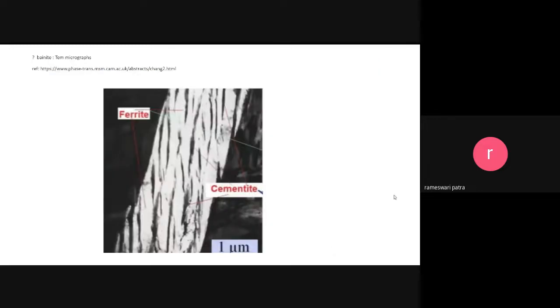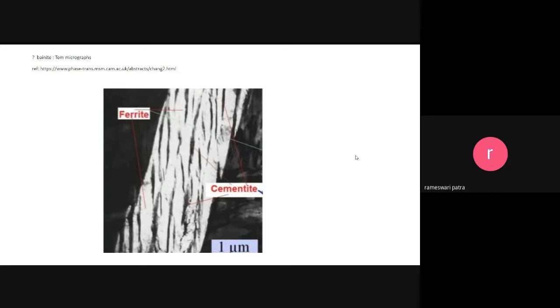Very good. And this is the real microstructure of a bainite. I think I have shown you these images earlier. Okay, anyways, tell me, is this an upper bainitic microstructure or lower bainitic microstructure? Upper Bainite, sir. Upper bainite. Anybody else? Anybody want to speak something?